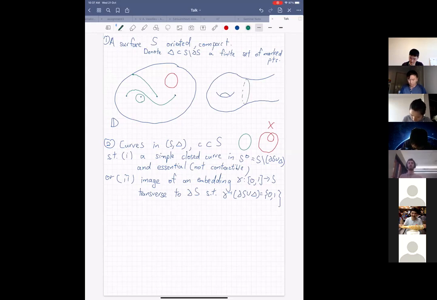You take a closed curve, but it's not contractible. Okay. So you can see that these curves are smooth and unoriented. We don't impose any orientation, although the surface has one. Any questions?